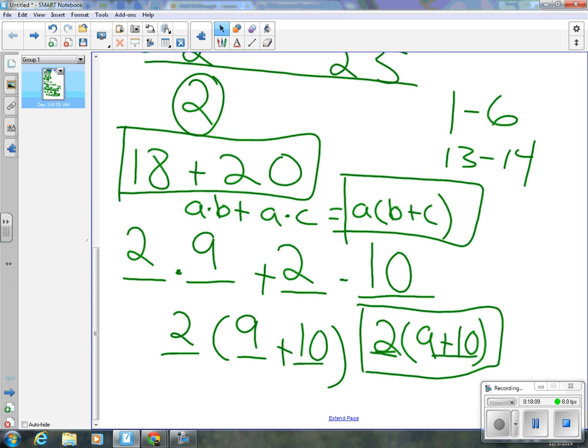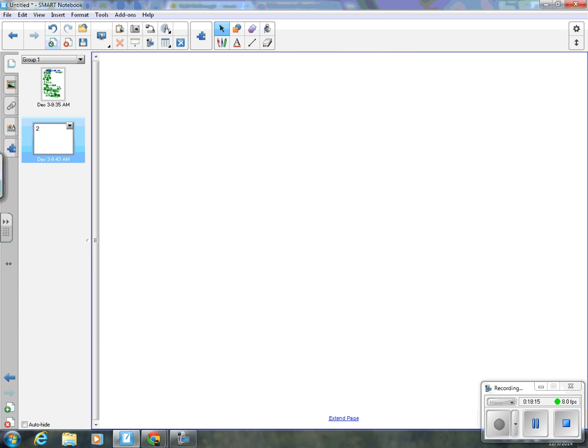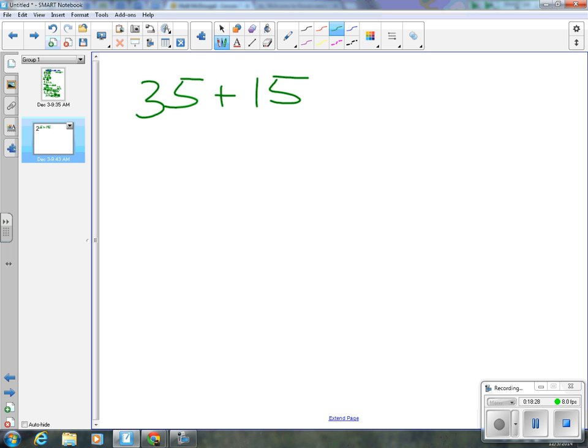Now, let's do number 2 together as well. Number 2 says, what's the problem? 35 plus 15. With 35 plus 15, you can do all the work and figure out what the greatest common factor is. Do you happen to know what it is off the top of your head?